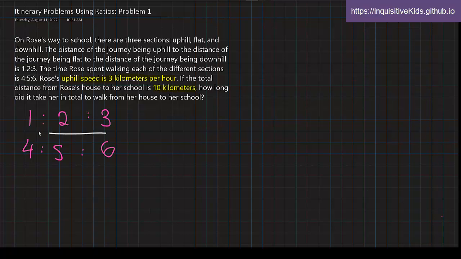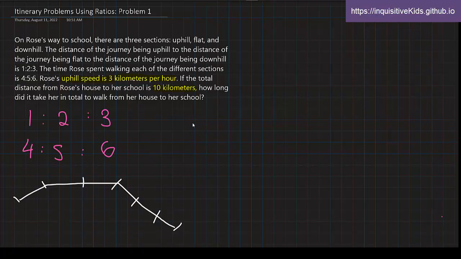In total, we can think of it as 6 units of land. 1 unit is uphill, 2 units is flat, and 3 units is downhill, right? So there's 1, 2, 3, 4, 5, 6.